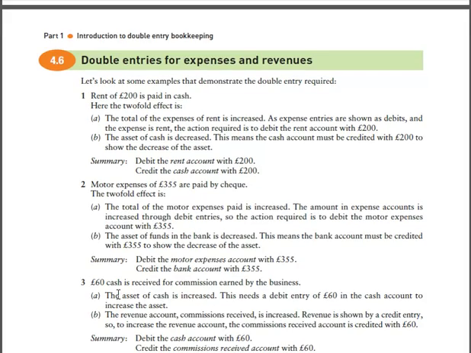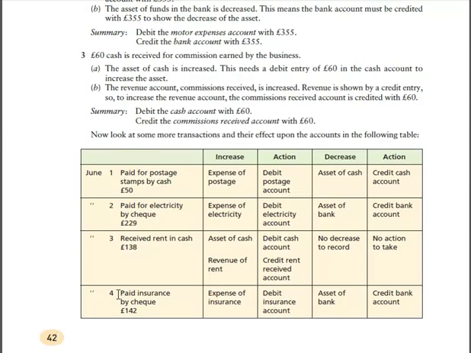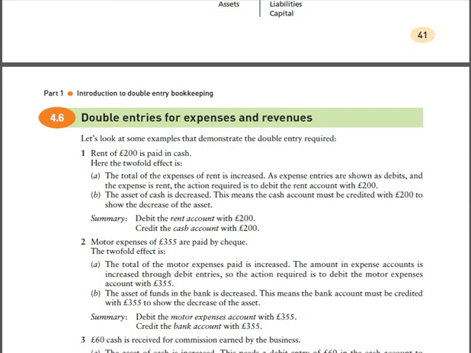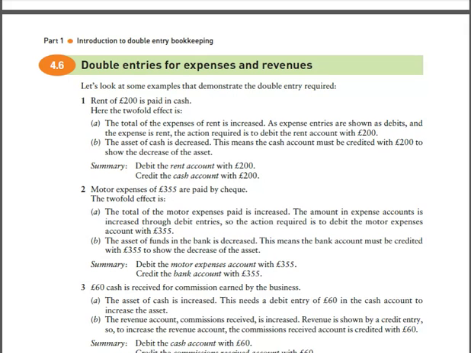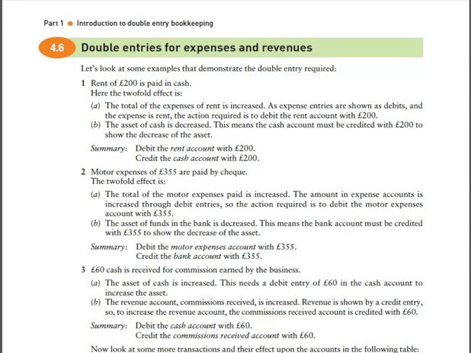Example number 3. £60 cash is received for commission earned by the business. If we concentrate on the words, commission earned means the business has earned, so it would be a revenue. And cash is received, so cash is an asset which would increase, and if you increase cash it has to be debited.